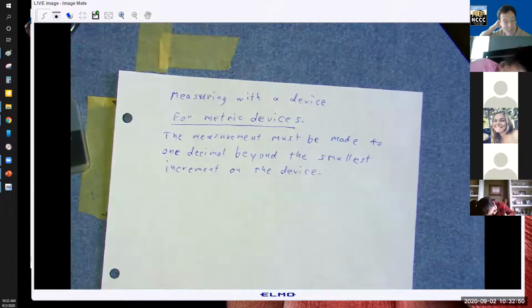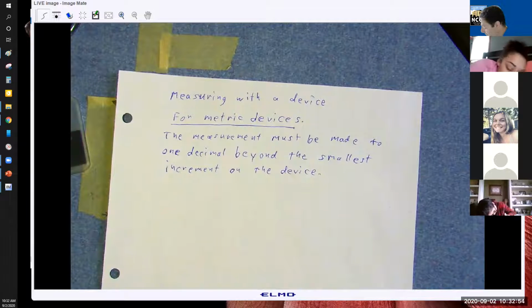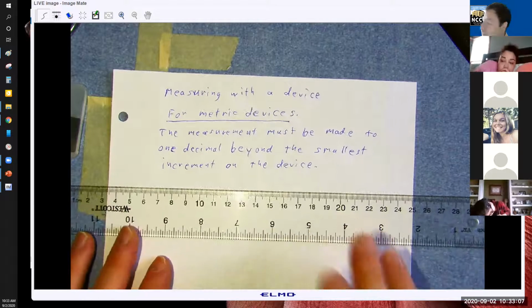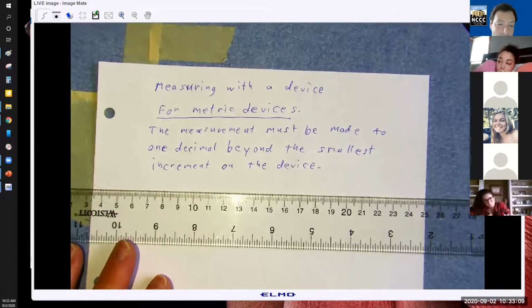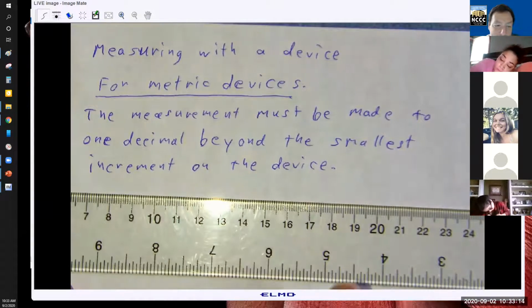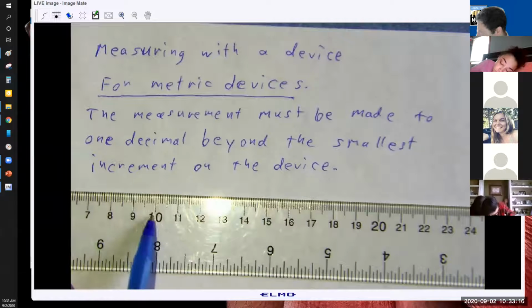So whatever measurement device you're using, you look at the scale and you take a measurement just beyond that. So for example, here's a ruler, right? The ruler scale, forget the inches on the bottom, we're looking at the centimeters on top.